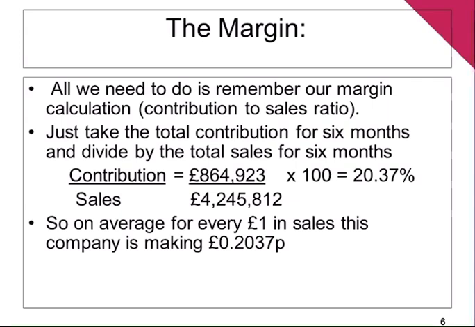That percentage is rounded to 2 decimal places, and that's the consistency I expect for things like phase tests and exams. So what this is saying, like the water bottle example, is that instead of per unit, on average, for every pound in sales, this company is making 20 and a bit pence.